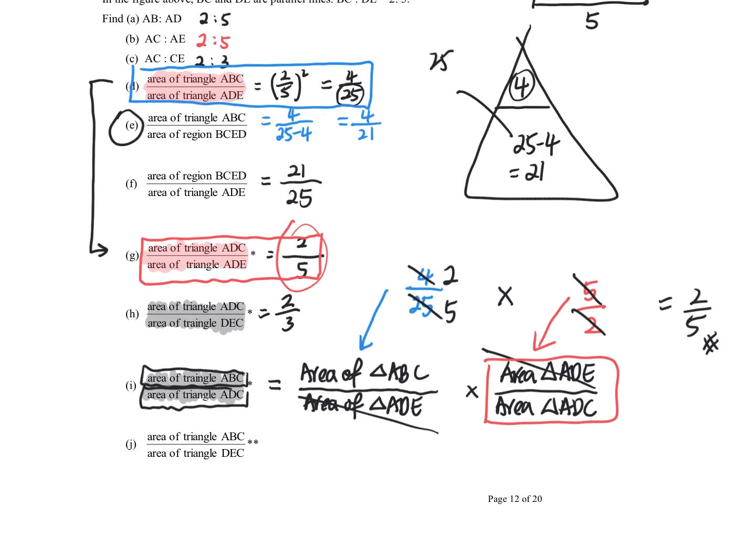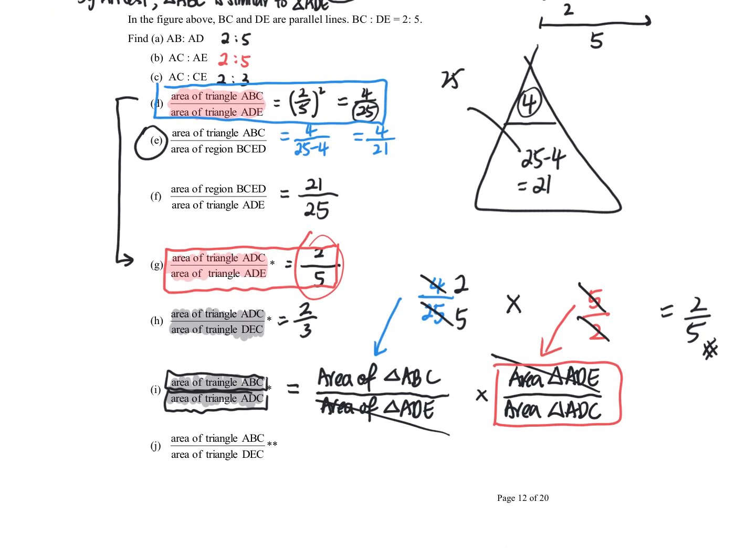Same thing here. This one, ABC and DEC. Where is my DEC? This one. Okay, I want you to compare this one. These two blue ones. And I want it to relate to this one.